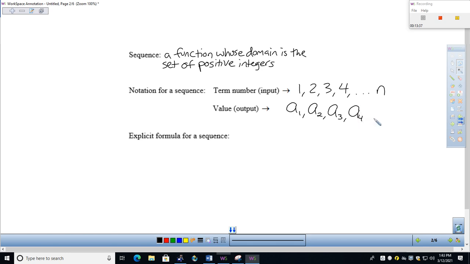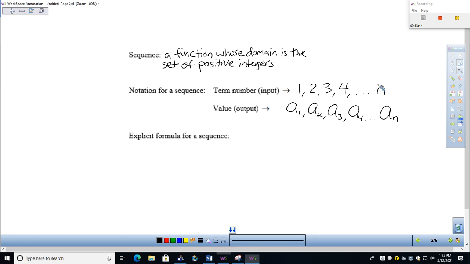And instead of y equals, we are going to write it as a sub n equals. So this is the value of the nth term, and our job is to write an expression in terms of n. So think of this as your new y. Think of this as your new x, if that makes sense.